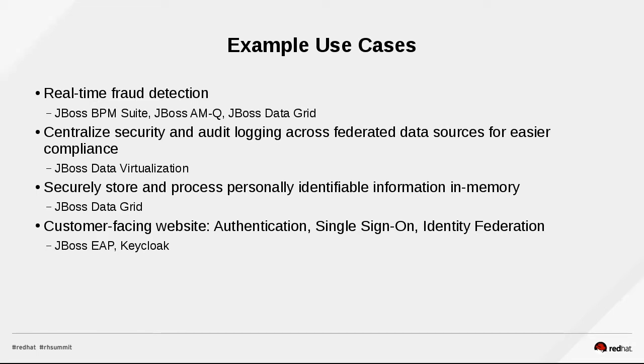The ability to store and process personally identifiable information in memory, so you get the benefits of in-memory computing and high performance, but also without compromising on the security of the data. And finally, web SSO authentication, identity federation, single sign-on, that's JBoss EAP and Keycloak. We'll actually go into more detail with one of the case studies today.